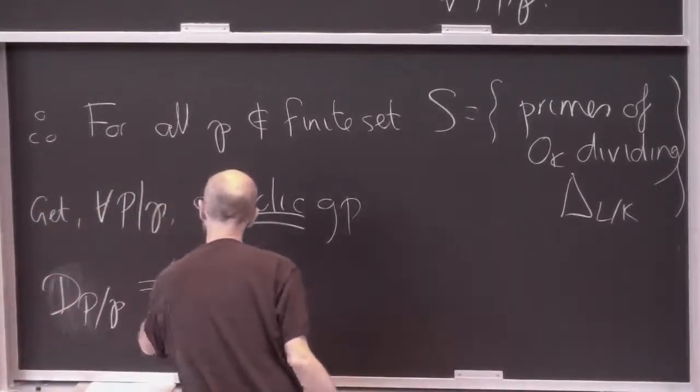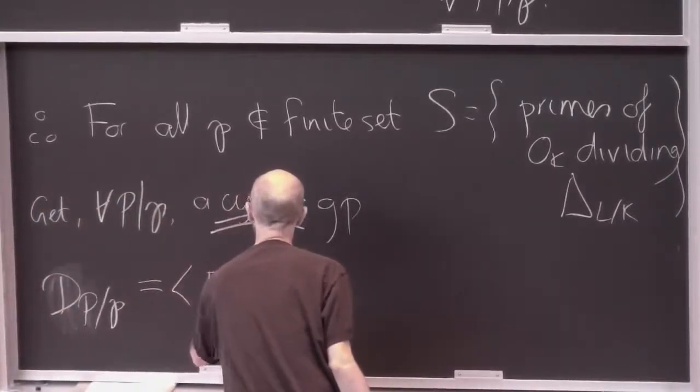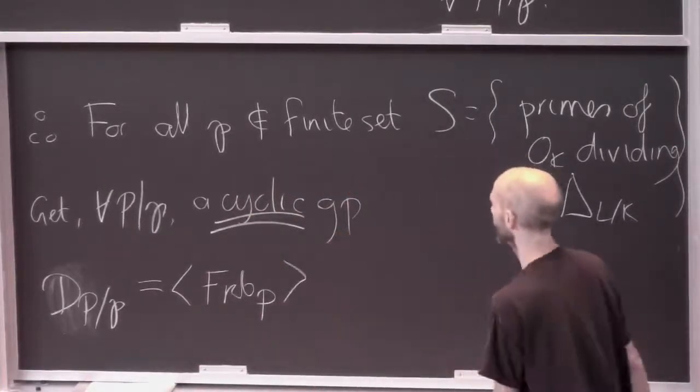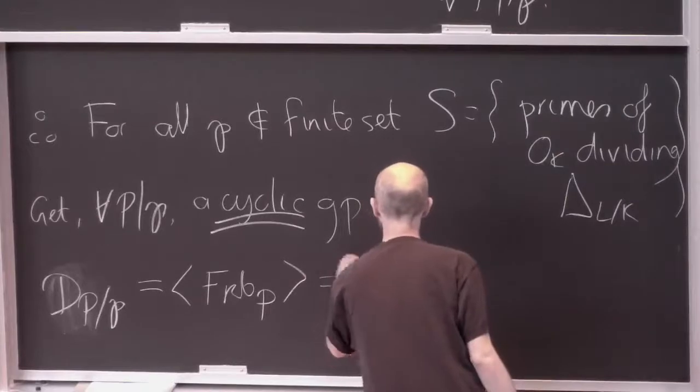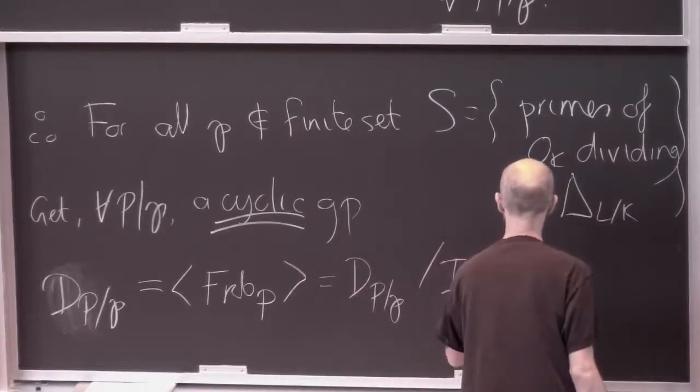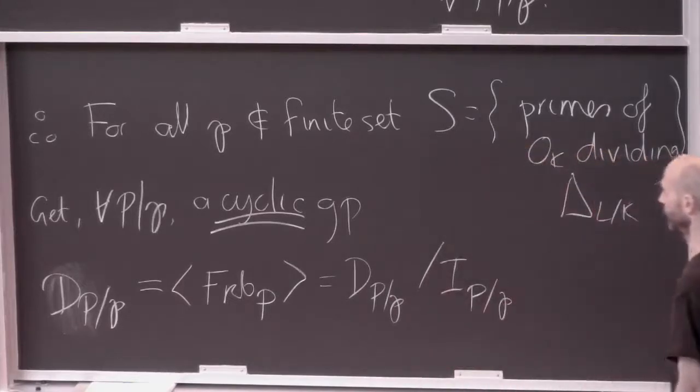So this is generated by Frob_P, because this group is really D_P over p modulo I_P over p, since the inertia group is trivial.